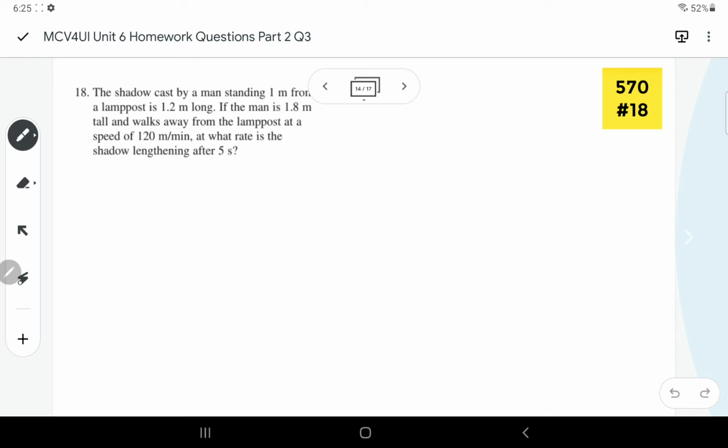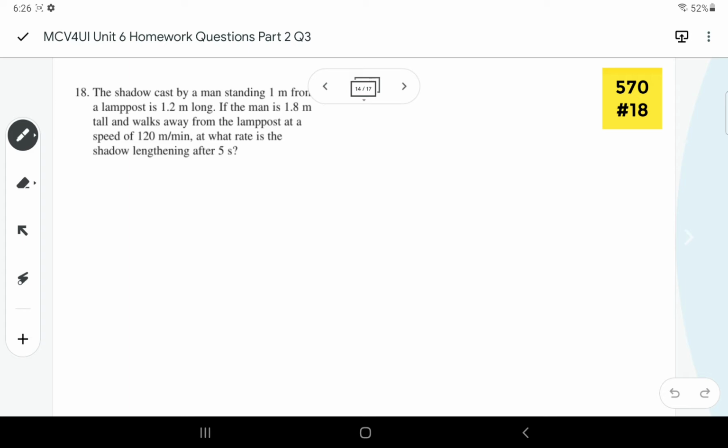Okay, so the next one, at first glance, I kind of think that this might be able to be done with trigonometry, but I don't think that's how most people would do this. I think similar triangles is probably more likely and actually would work out fine as well.